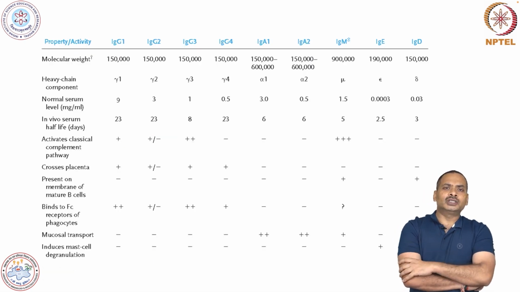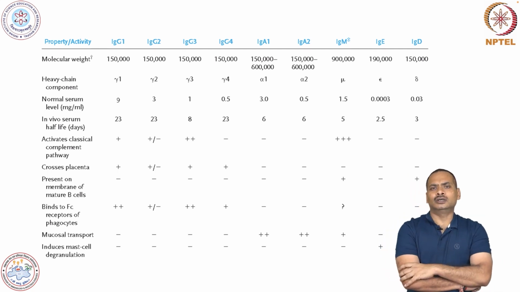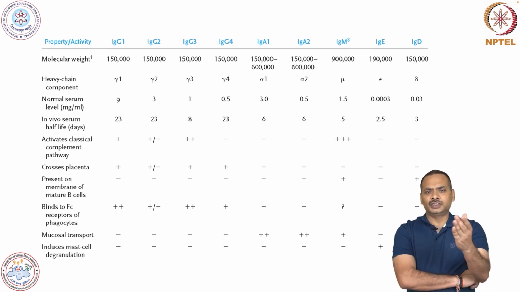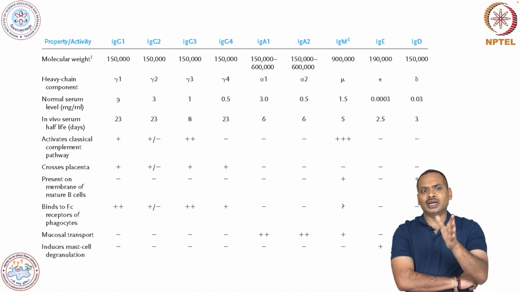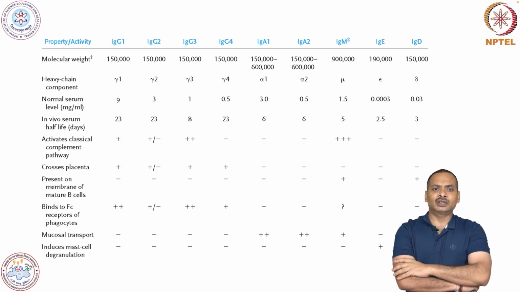Now I will give you a kind of summary of all immunoglobulins. Here you can see on top there is a molecular weight, and I need not tell. Here you can see that there are different kinds of heavy chain in different immunoglobulins.